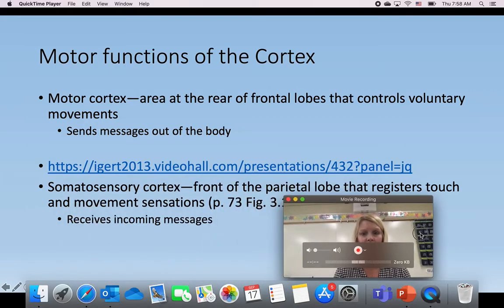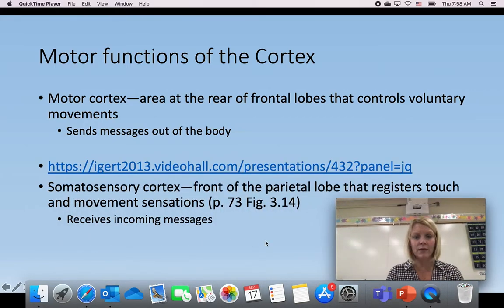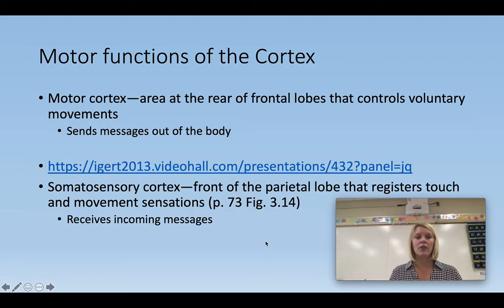So I want to talk a little bit more in depth on the motor cortex. The motor cortex is in your frontal lobe. This sends messages out of the body that help control your movements. Now remember, parts like the pons and the cerebellum help control movements, but this is more like voluntary movements that you have to think about, higher order, higher level movements.